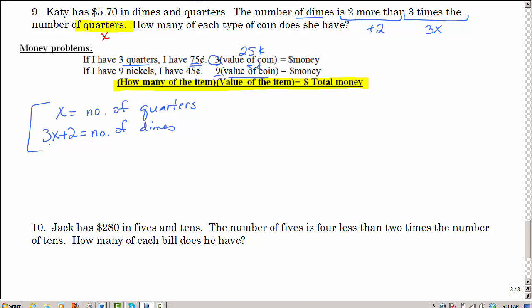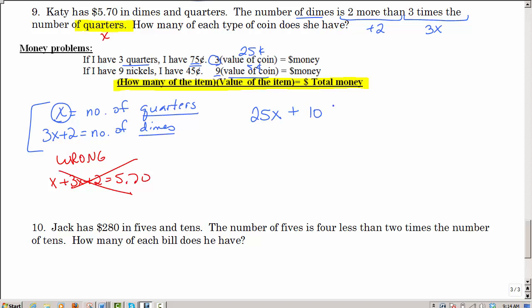Now, how do we get that equation? If you do x plus 3x plus 2 equals 570, that is wrong. So what do we have to do to make it right? We have to take how many times the value. So quarters are worth 25 cents, so I'm going to multiply 25 times x.